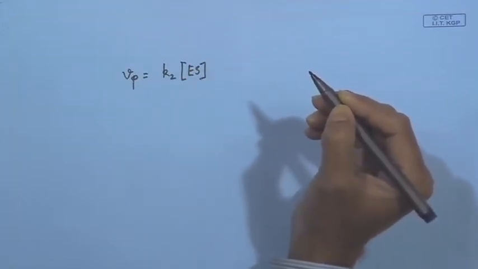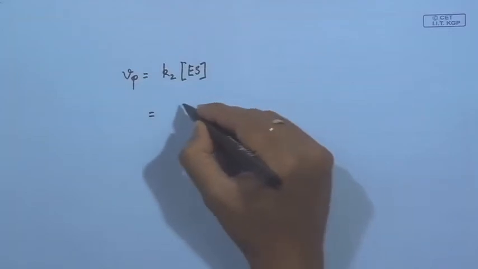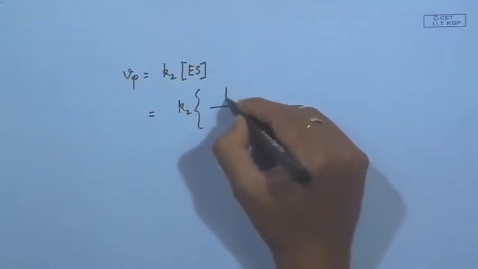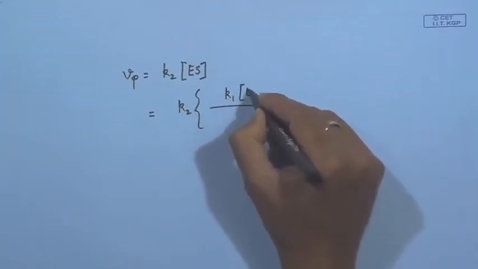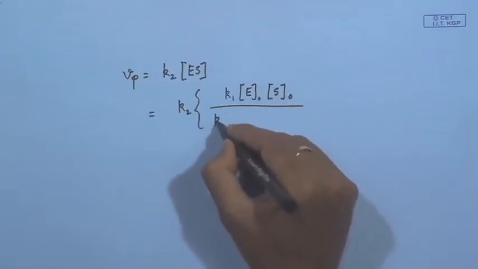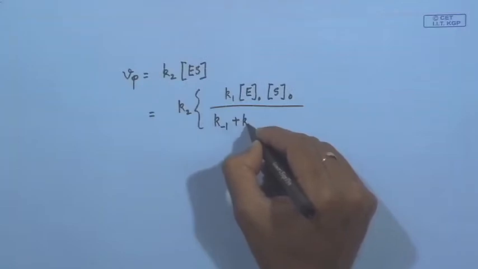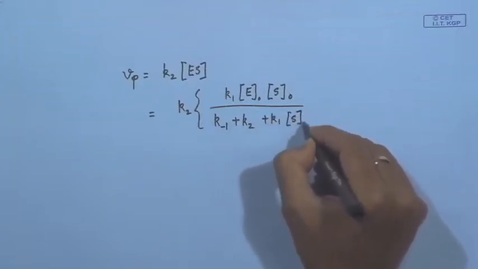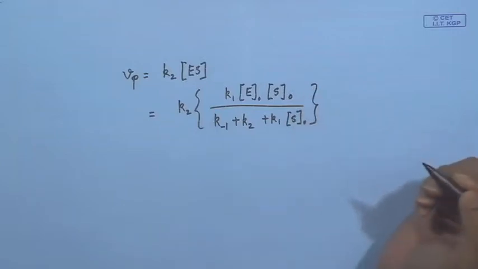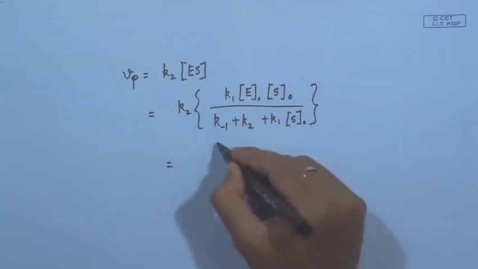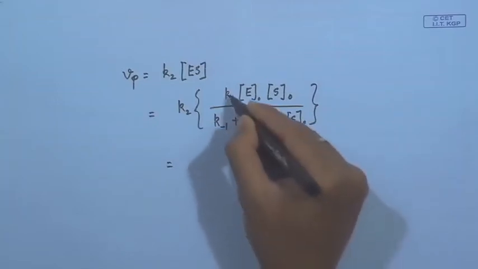Okay. So, that means your k2 k1 divided by k minus 1 plus k2 plus k1. Okay, so this is Es. Therefore, this is k2 divided by k1.